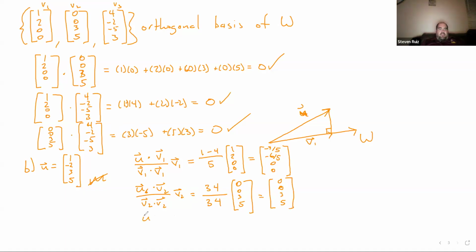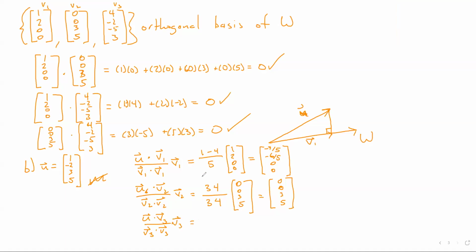And then finally, u dot v3 over v3 dot v3 times v3. So it's u times the vector we're comparing it to for each one. Since your basis is made up of many vectors, basically what we're trying to do is this. I'm assuming that u is going to share some directionality with every vector in the basis of v1, v2, and v3.